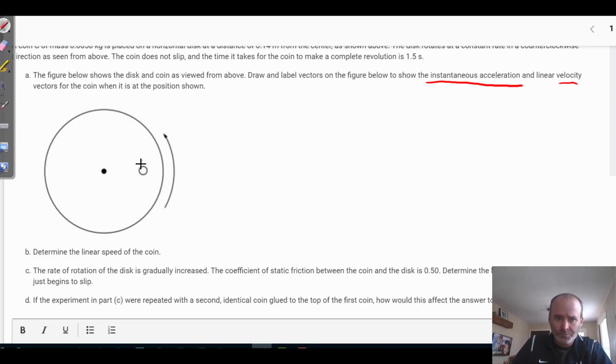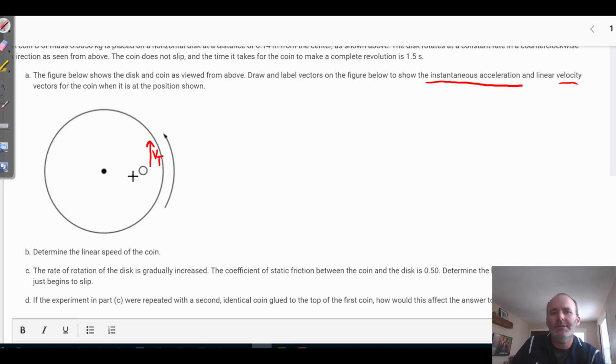Okay, so let's say right at this moment, it has a tangential velocity, and that tangential velocity is going straight away from it. So you can think of what would happen if the turntable would just completely move away and that coin would be moving forward. Note that this isn't a force, this is a velocity vector.